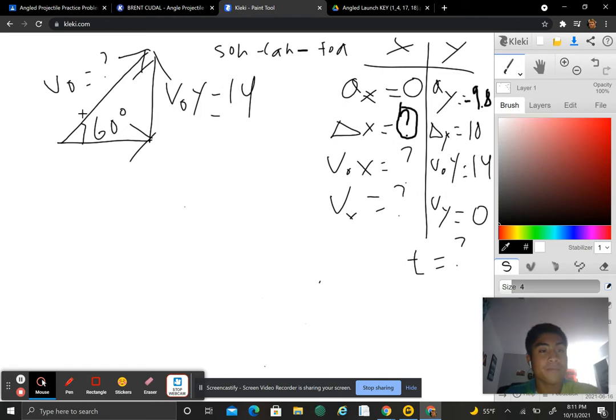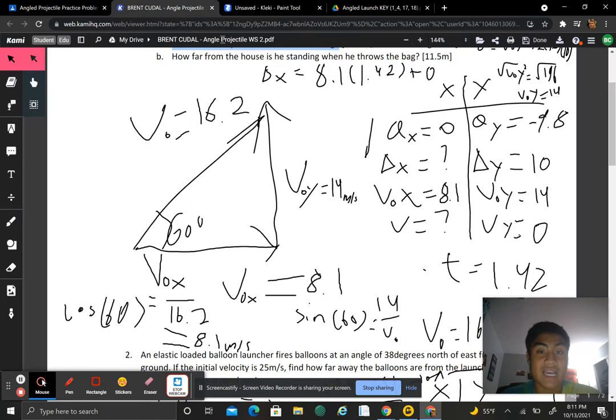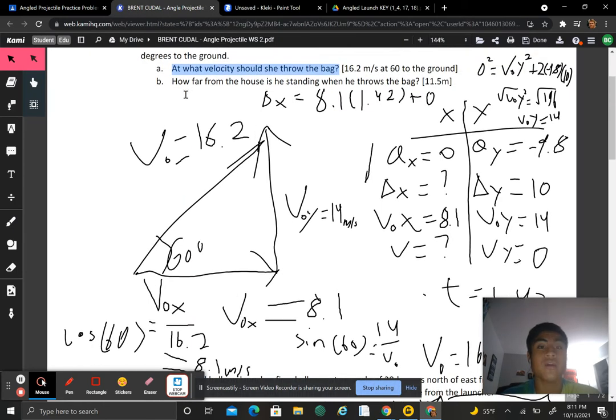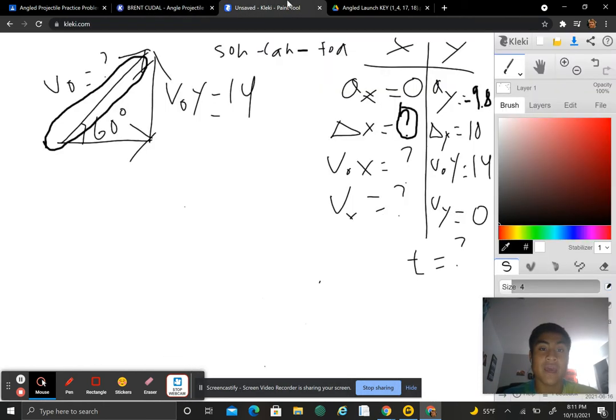Since we have the opposite of the angle and we have an angle, we can use SOHCAHTOA. We're trying to find this line right here, the initial velocity of that line, since it's asking us in A, at what velocity should he throw the bag.